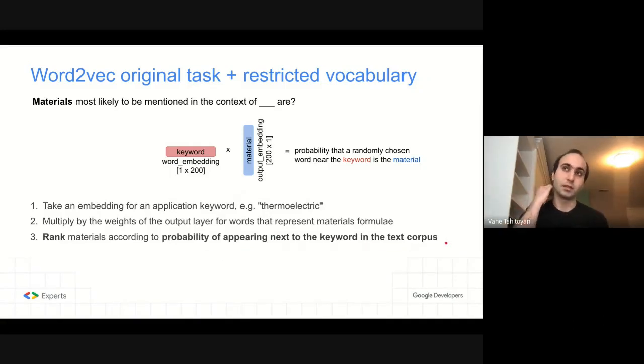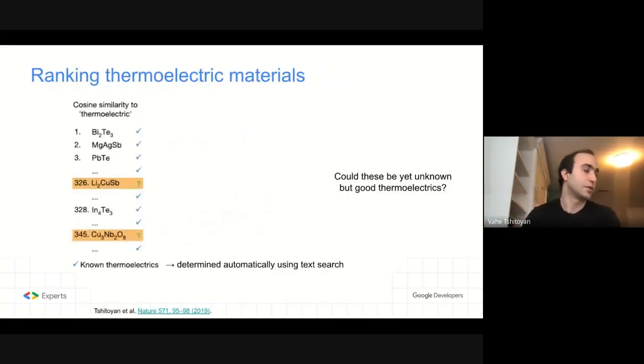What this basically says is, how likely is this material to be mentioned in the same sentence with this application? We did this for a specific application, thermoelectrics. Thermoelectrics are a class of materials that convert heat to electricity and vice versa, or a temperature gradient, to be more precise.